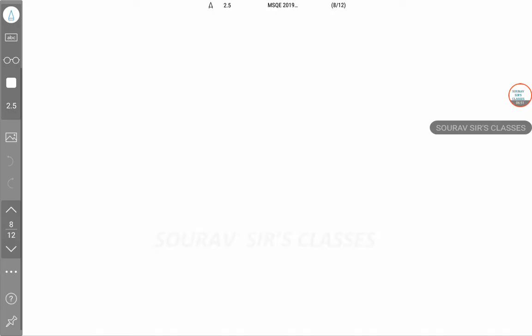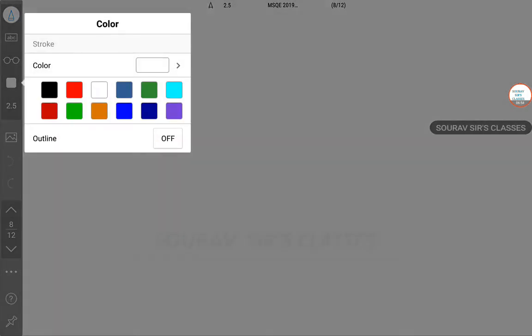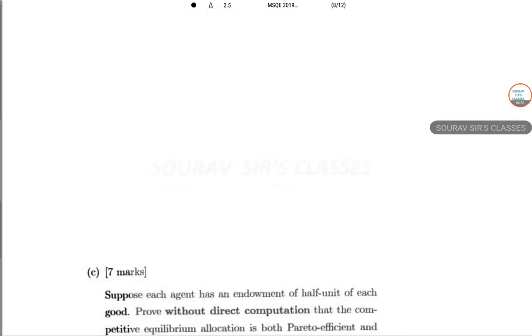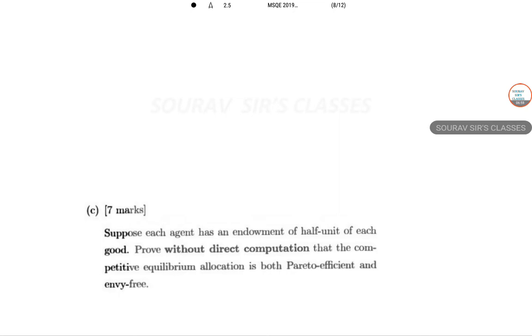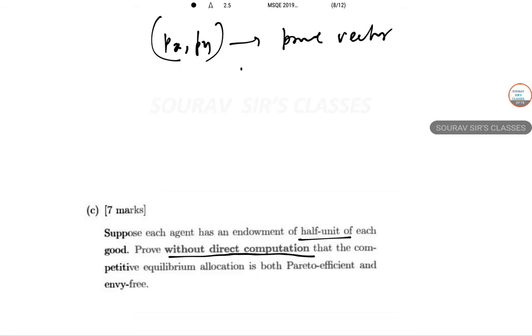Next, part C. Suppose that each agent's endowment is half a unit of each good. Prove without direct consumption that the competitive equilibrium allocation is both Pareto efficient and envy-free. So suppose Px and Py is the equilibrium price vector and (x1, y1), (x2, y2) is the consumption of the equilibrium allocation.